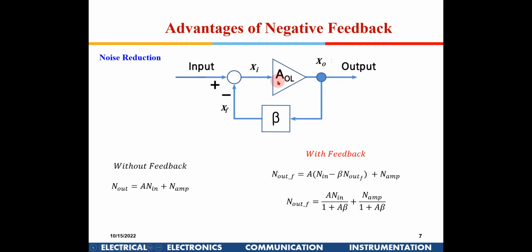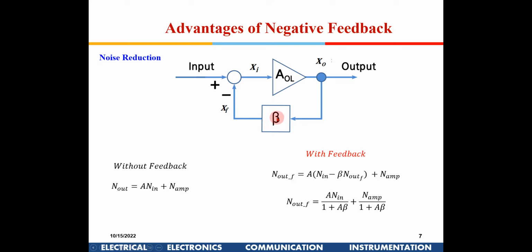Now if I talk just in layman's language, some amplifier is generating some noise out here. You are taking a feedback from here and giving it here, inverting that signal, so they will get cancelled.